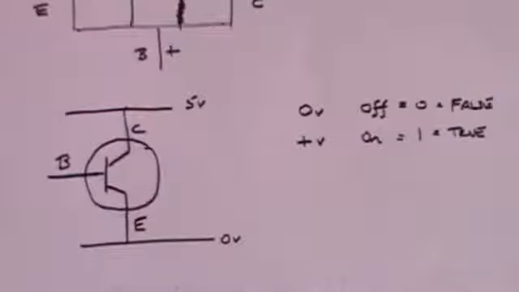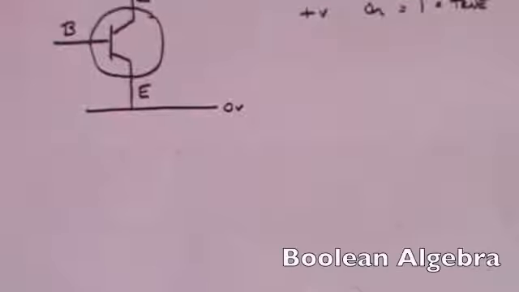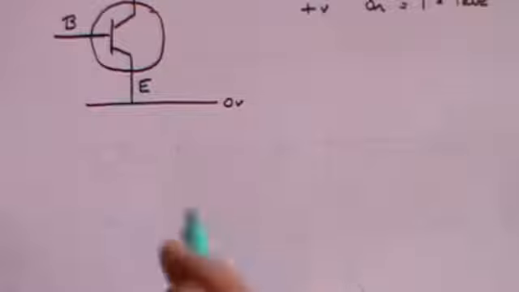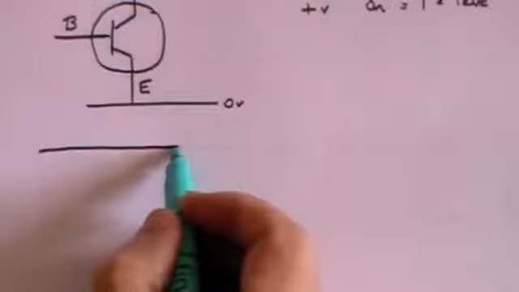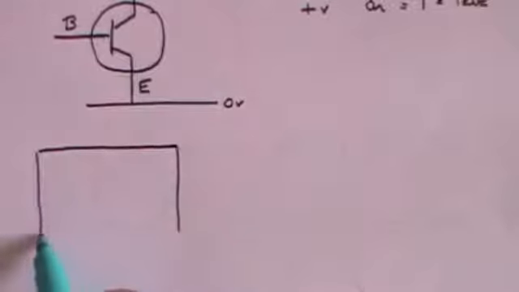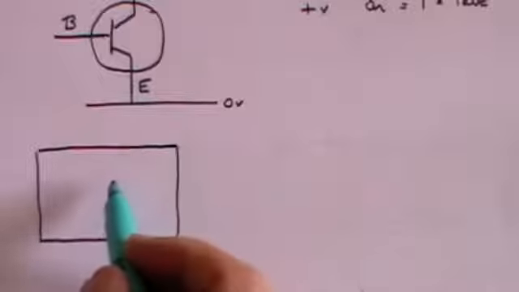Now, since we are looking at logic gates, which are based on transistors, we must just temporarily abandon transistors to understand a little bit about what logic we're talking about. And this is known as Boolean logic, or Boolean algebra. And I can try to describe it by imagining that there is a playground, and that there are children playing in the playground, and some of those children are wearing red jackets, and some of the children are wearing black shoes.